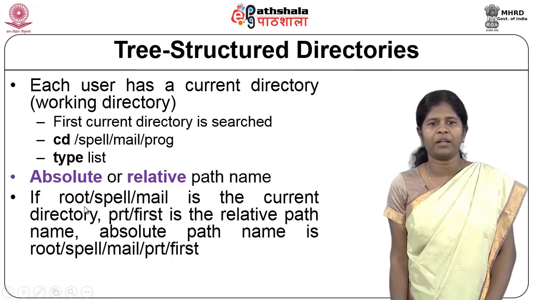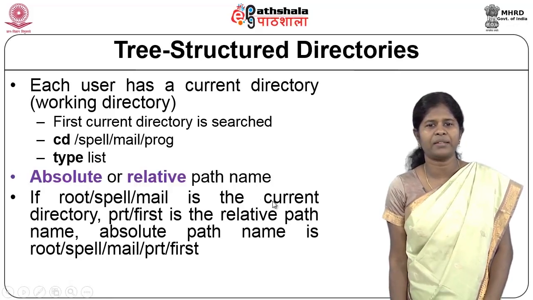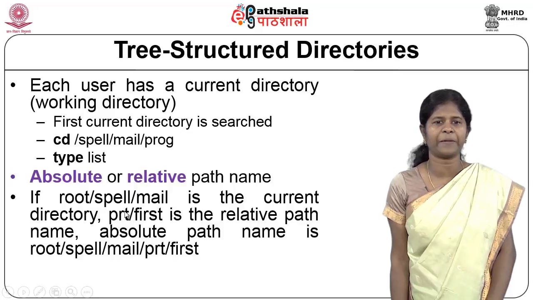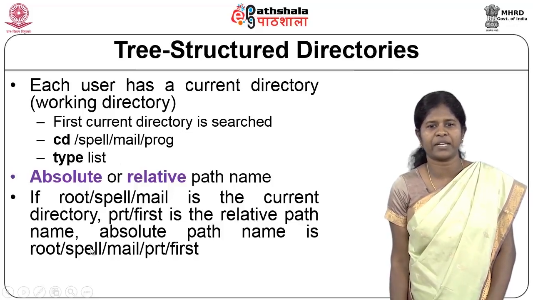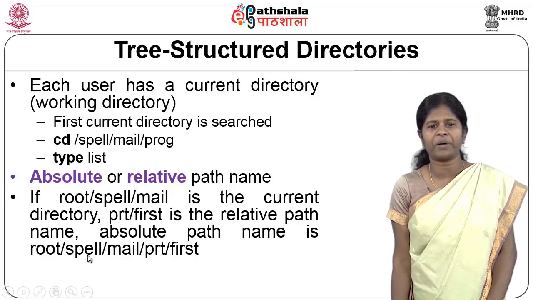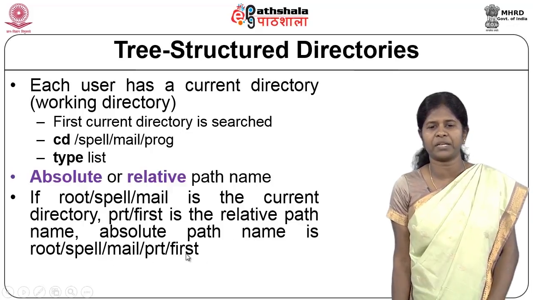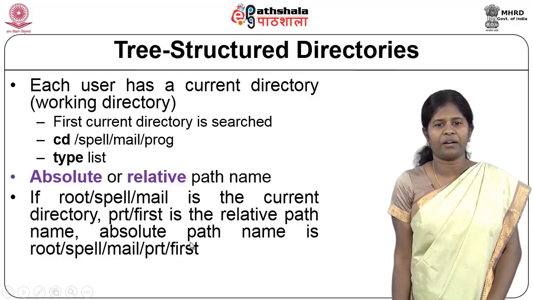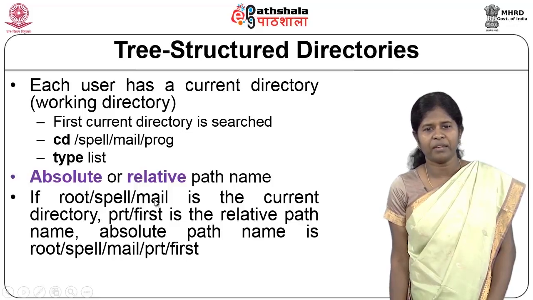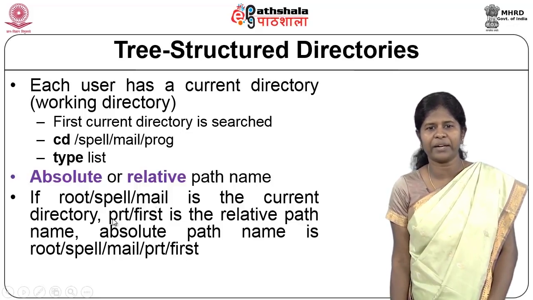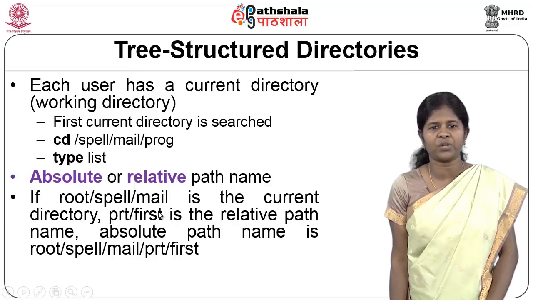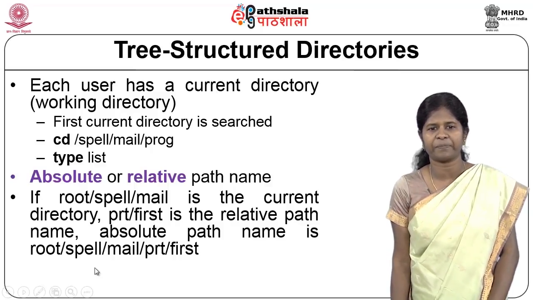Say for example, root/spell/mail is the current directory, and prt/first is a relative path name. The absolute path name will be root/spell/mail/prt/first. See here, beneath this directory mail, you have a subdirectory called prt, and beneath that you have this file called first.